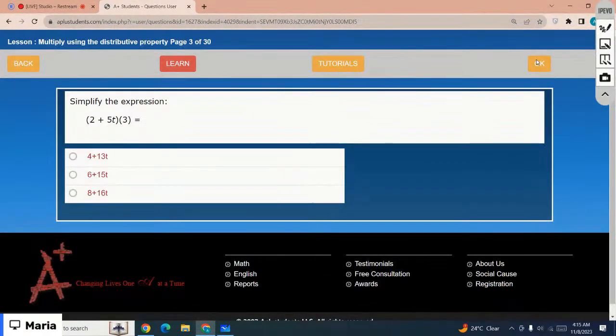Okay, the next example is you have 3 outside the bracket, and inside the bracket you have 2 plus 5t.